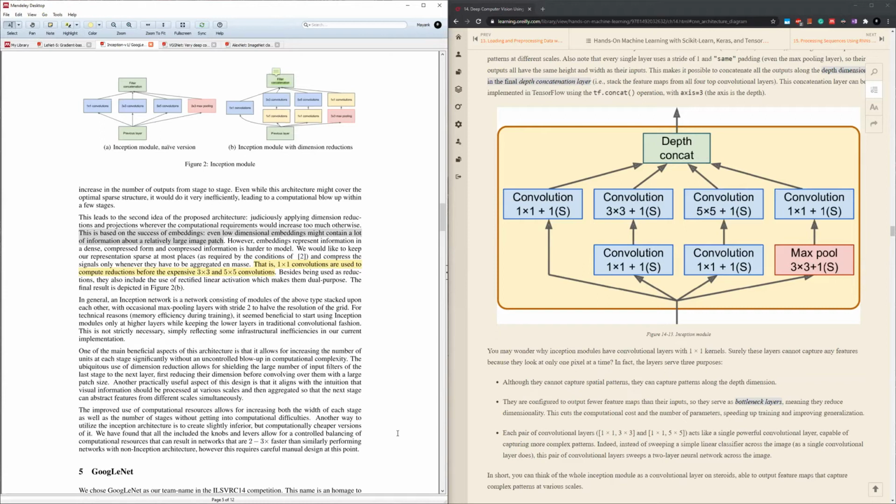So the operation is on the depth axis. Okay, that was my misunderstanding. I hadn't understood that's what the 1x1 was referring to. Right. In general they call it multiple things: network in network, bottleneck, like Stephen was saying, or 1x1 convs. They basically linearly combine along the depth axis.